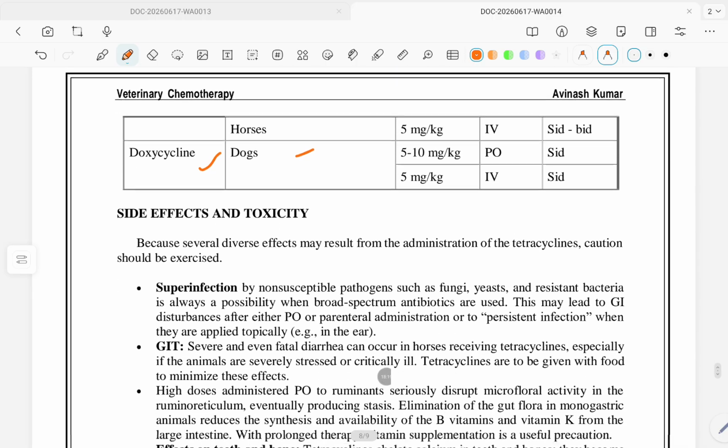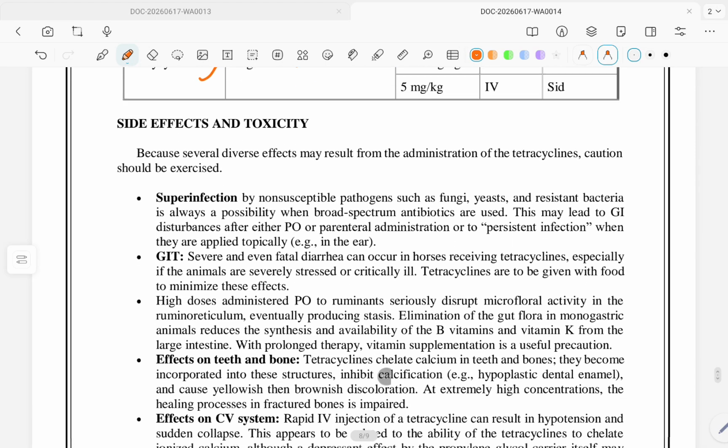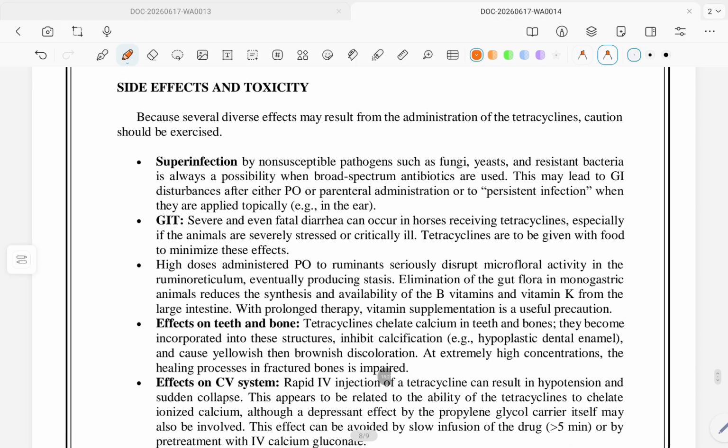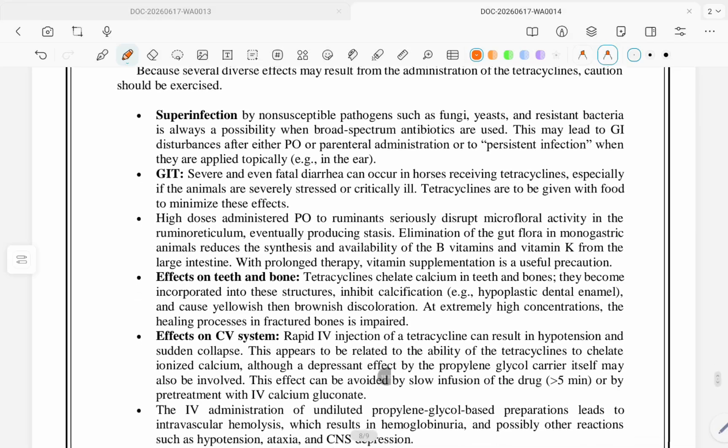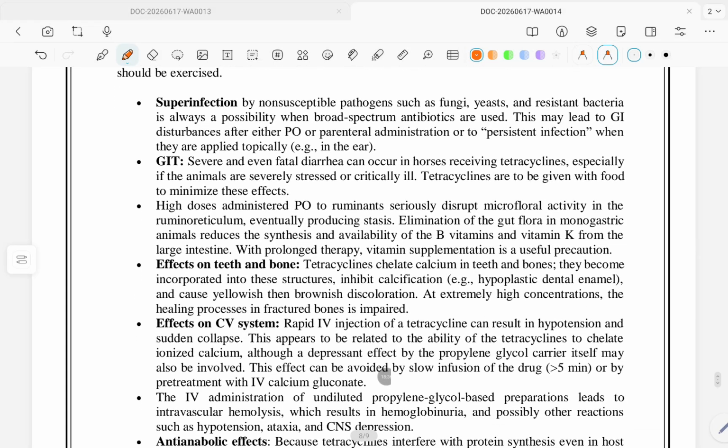Side effects and toxicity. Because several diverse effects may result from the administration of tetracyclines, caution should be exercised. Superinfection by non-susceptible pathogens such as fungi, yeast, and resistant bacteria is always a possibility when broad-spectrum antibiotics are used.